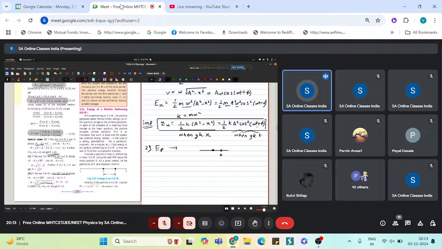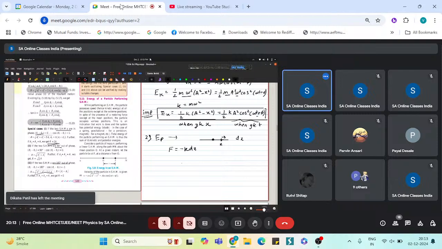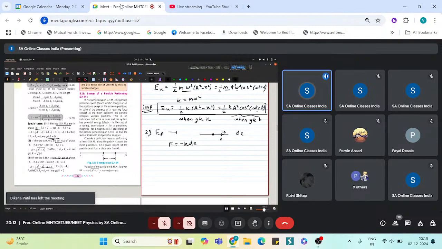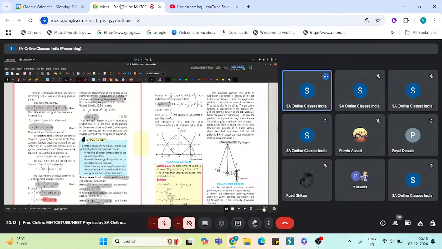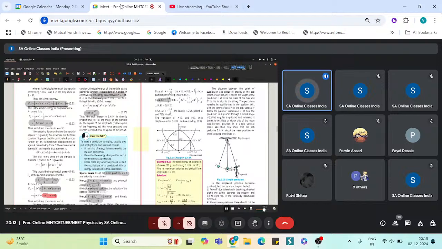When it is at some position x, we stretch it a little bit further by dx extension, and then we calculate the force that it requires to move this particle from x to x plus dx, and that infinitesimal force is just going to be minus k dx. I'll just highlight so that you can see.